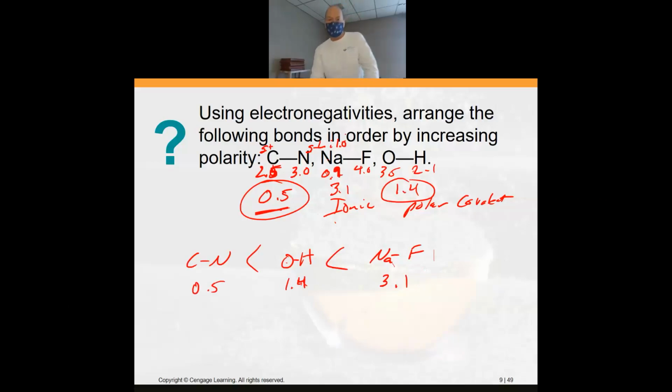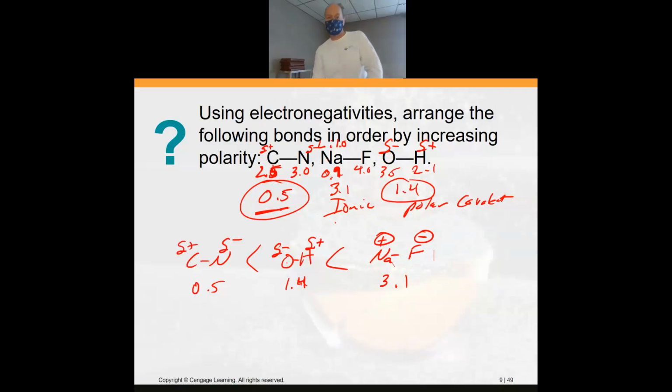All right, so your delta minus here on the oxygen, delta plus on the hydrogen. Note when you have your NaF, that is a full minus and a full plus. That is an ionic bond. The other ones that are two nonmetals, the delta minus goes on the higher number, the delta plus goes on the smaller number. Doesn't matter what order you put them in.